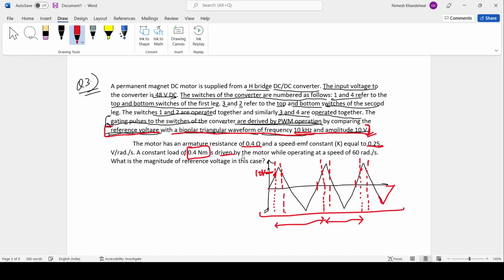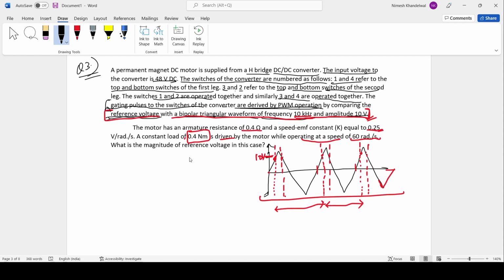It is driven by the motor while operating at an angular speed of 60 radians per second. We want to calculate the magnitude of the reference voltage given all these quantities.